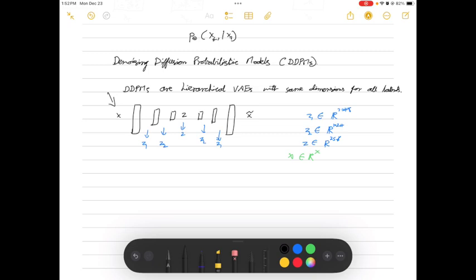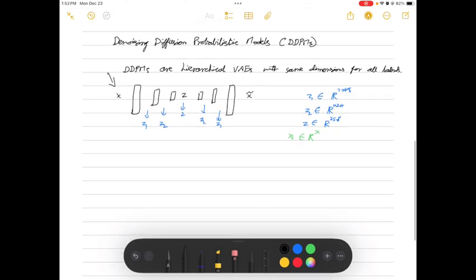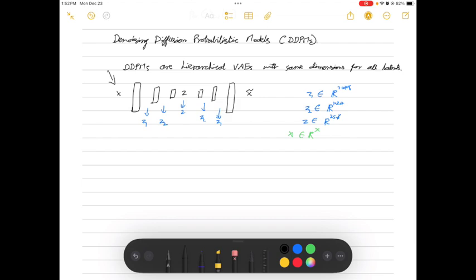So the next thing I wanted to talk about was, in general, when we train DDPMs, the encoder network denoted by Q is a simple linear Gaussian model. That is, we progressively add Gaussian noise, but the decoder can be parameterized.